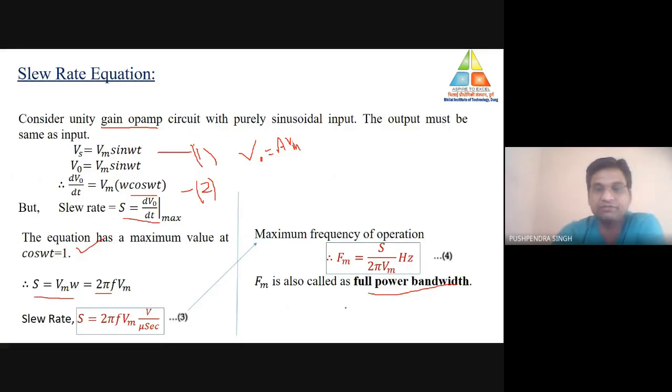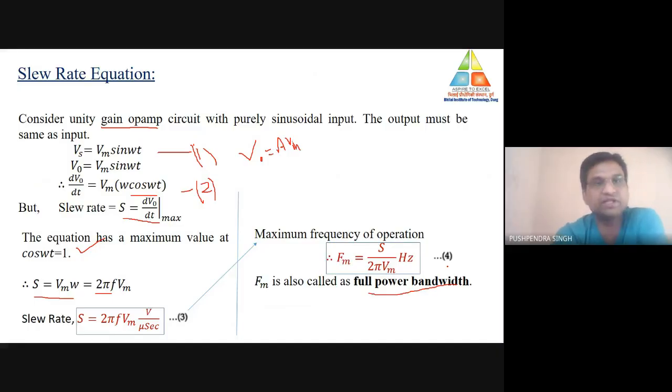And if you need to calculate the value of full power bandwidth, then go with equation number 4. So with the help of these 4 equations, you can easily calculate the parameters needed for the calculation of slew rate or the full power bandwidth.